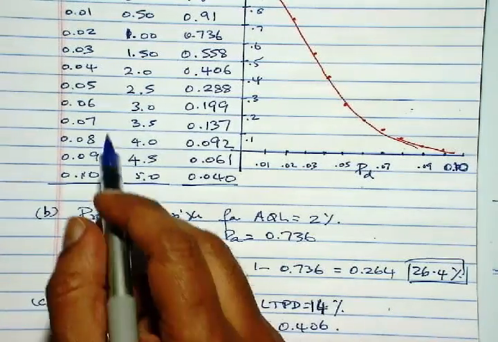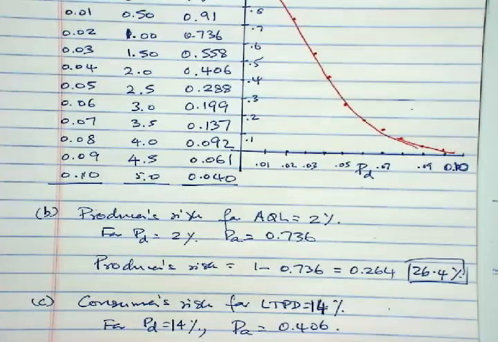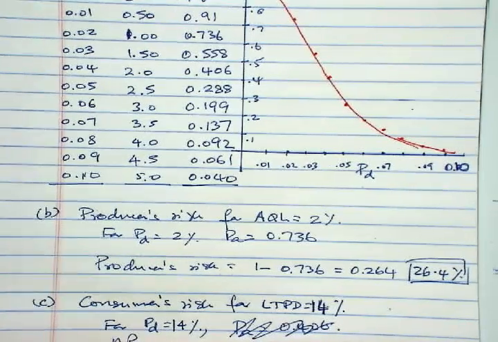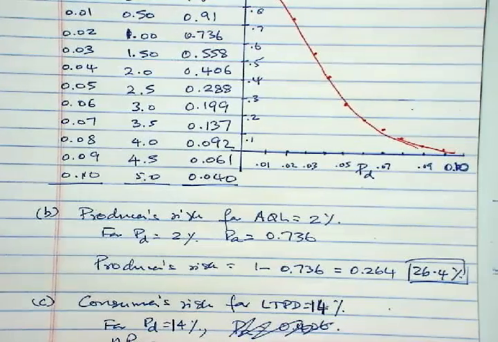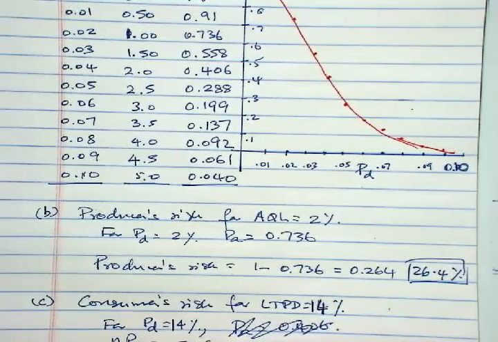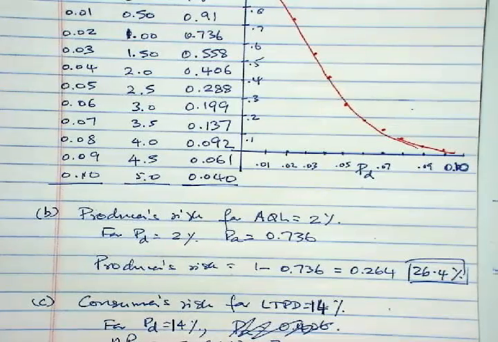For 14% we don't have the information, so we have to now compute n times P sub d, which is 50 times 14%, so that is equal to 7.